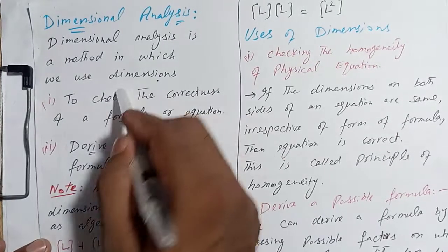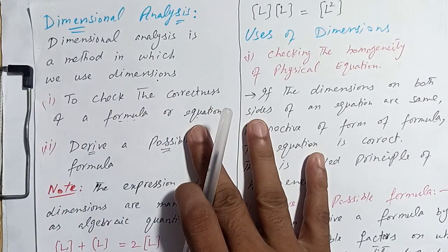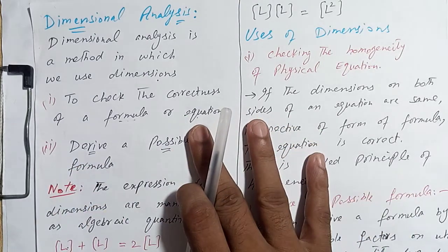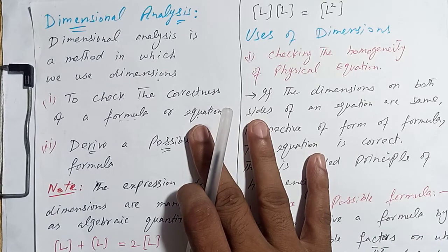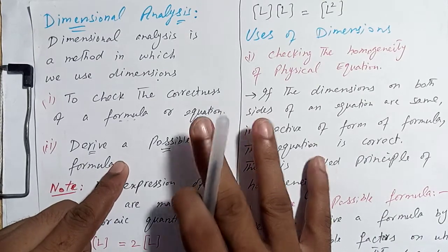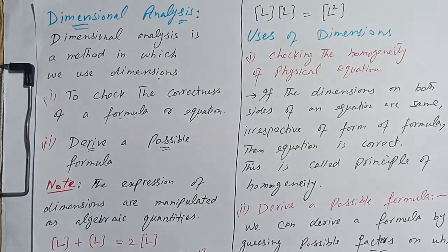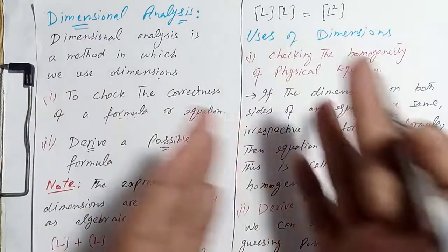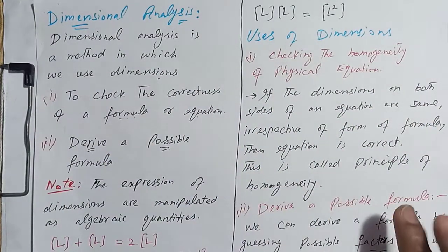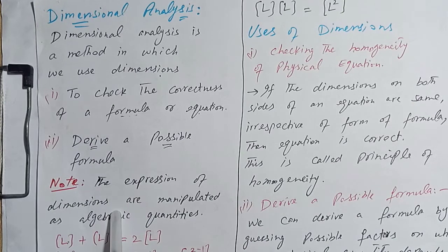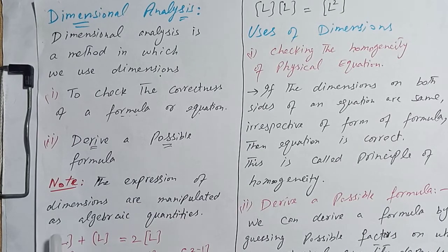So this method, in which we can check the validity of an equation or derive a formula for a physical quantity, is called dimensional analysis. We will discuss it in detail at the end of the lecture. Note that the expressions of dimensions are manipulated as algebraic quantities.